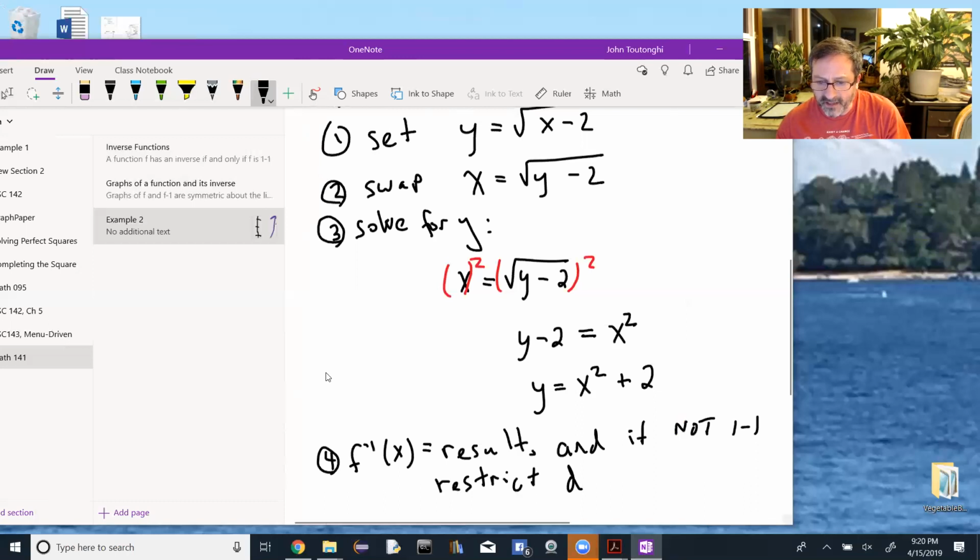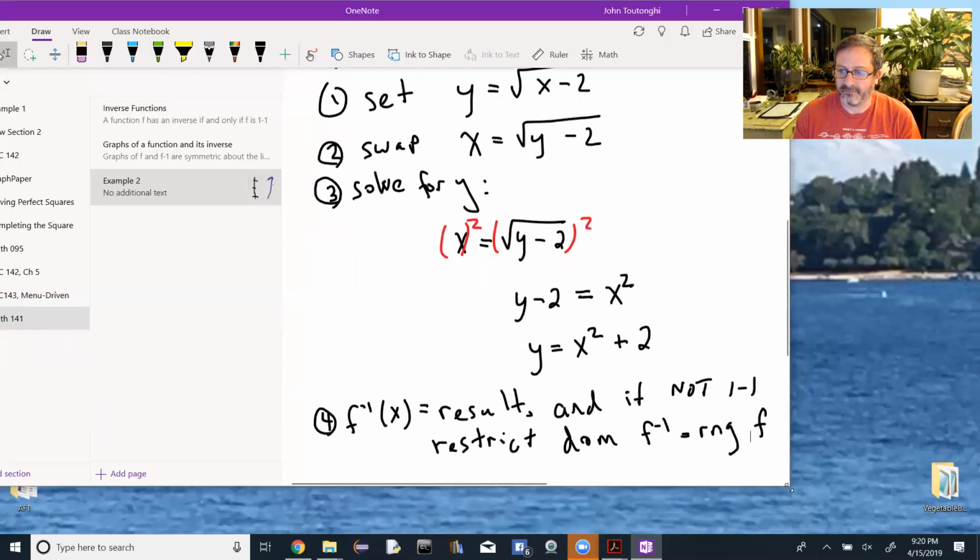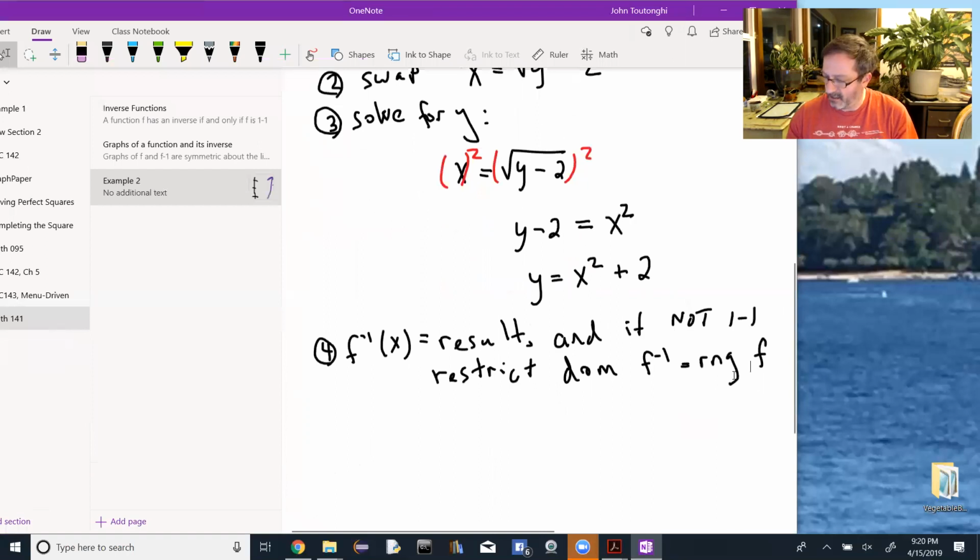The domain of f inverse needs to equal the range of f. So in this problem, what that means is my f inverse of x is this formula, x squared plus 2.